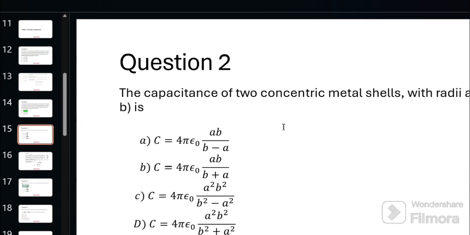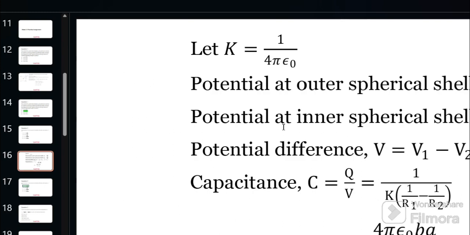So moving to the second question. We find out the capacitance of the concentric metal shells with radii A and B. We use this equation. We know the constant K, so from that we substitute the potential at one shell in the capacitance equation.